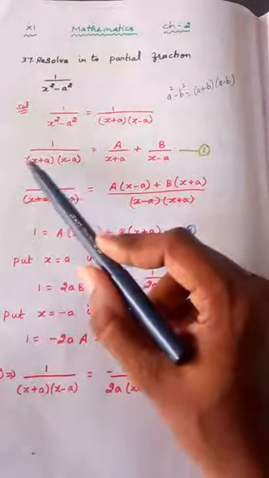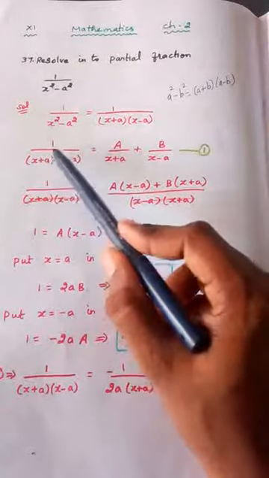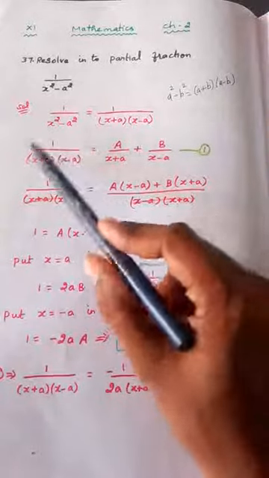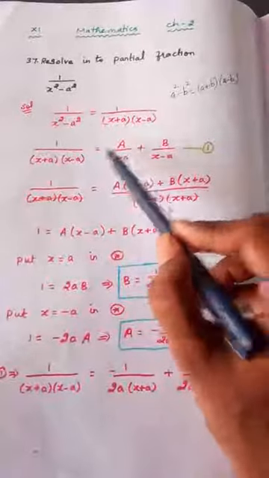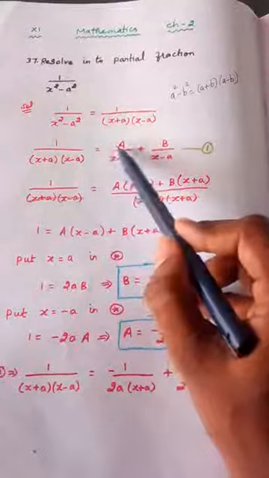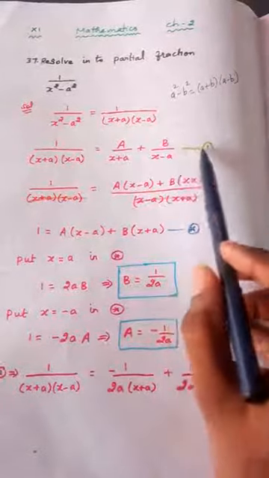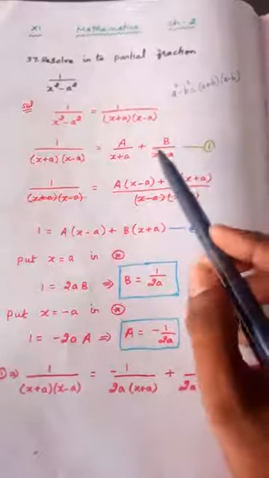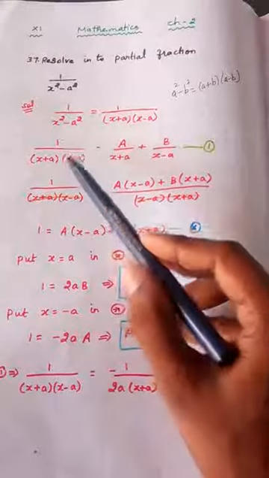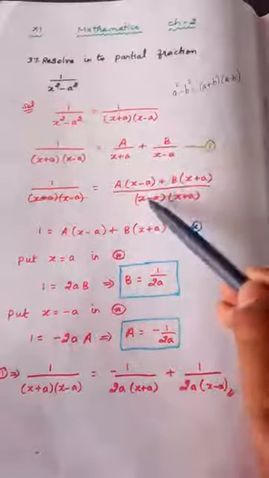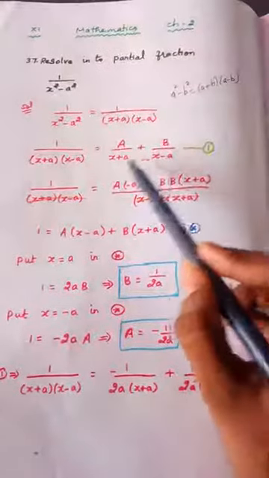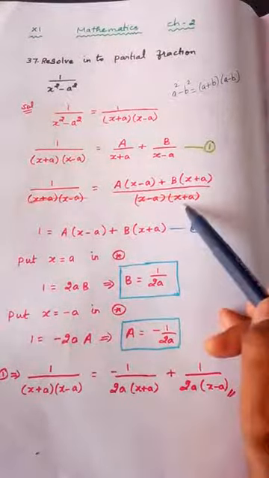Again I repeat, 1 by this is the question. Actually this can be written as A by x plus a, for one factor one constant, for another factor another constant. First start like this. This is taken as equation number 1. Now the same thing, taking LCM. LCM is these two things, x minus a into x plus a.